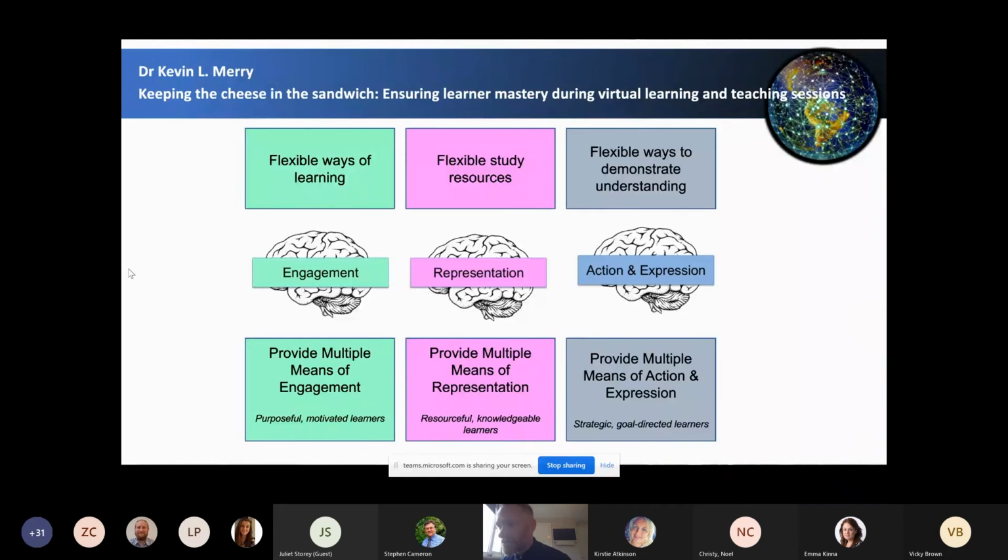Some learners will master learning by listening to lectures, reading journal articles and taking exams, for example. But other learners may master their learning content in a very different way. They might prefer to work with their peers, solving problems. They might prefer more multimedia type resources, and they might prefer to verbalize their learning rather than provide a written output.